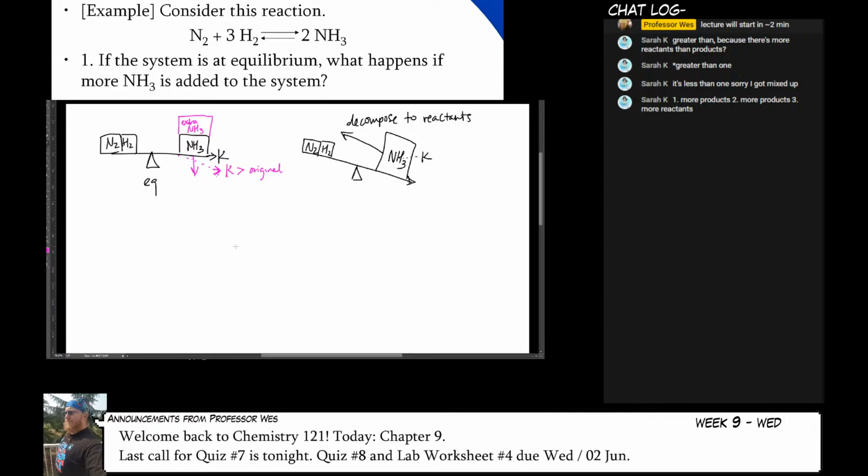And when I do that, the result that we would get would be, okay, I have more N2, I have more H2, and I have enough NH3, and I'm back at equilibrium again. So the action that occurs here when I've added extra NH3 is I decompose to reactant. So I'm going to use up that NH3 that was added, turning it back into reactants, N2 and H2, to try and undo the change that I induced.